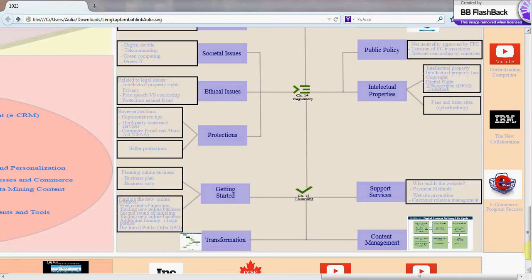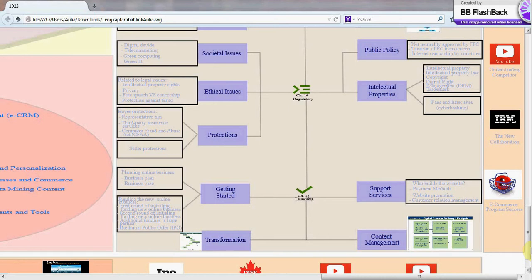Maybe they think that the website is containing pornography or maybe fraud. So every country has their own way and their own regulation to protect their citizens in virtual world.